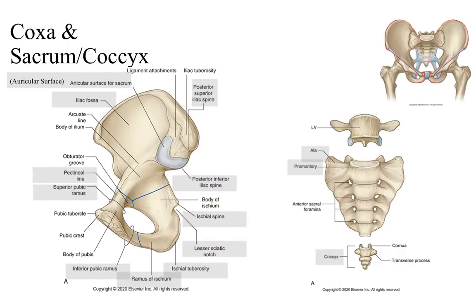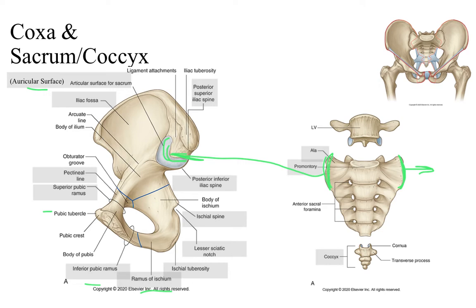Okay, so again, we're not going to cover the specific names. You can see them here listed in the gray, the ones that you're expected to know. But what I do want to point out is that right here at the articular surface for the sacrum, which is also known as the auricular surface or ear-like surface because of its shape, that is where the sacrum will make an articulation with the coxal bone on this side, and on the other side, and on both sides you would call that the sacroiliac joint.